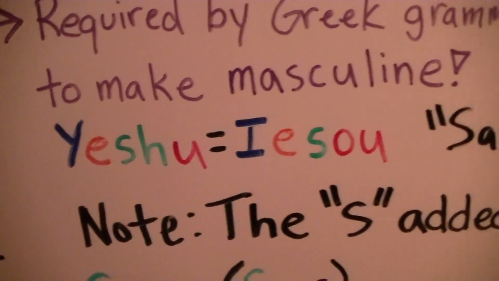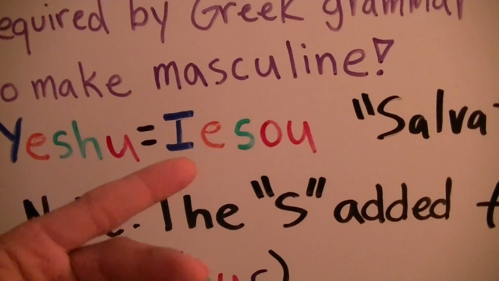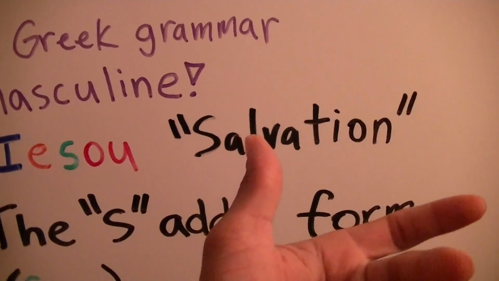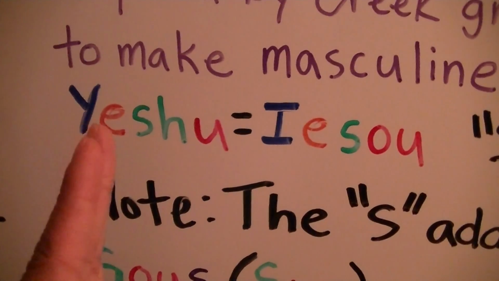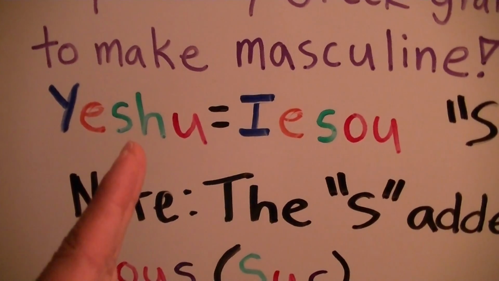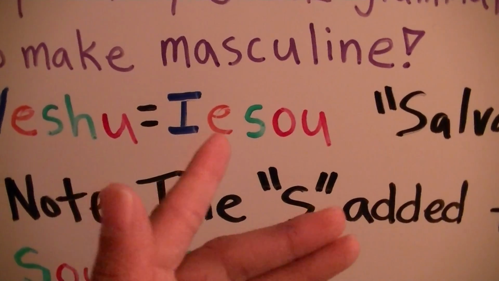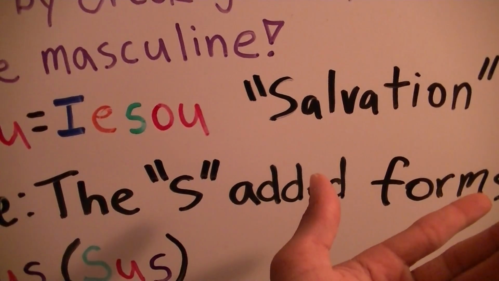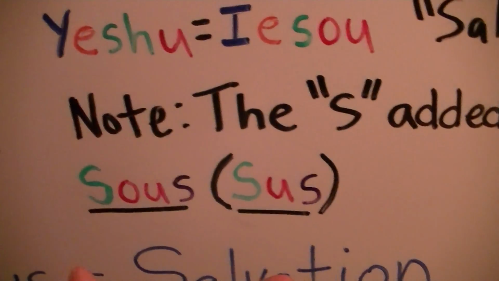Okay? As you see, the Yeshu equals the I-E-S-O-U in Zeus, which still means salvation, because if this means salvation, and this stems from it, it has to have the same meaning. Think about that.